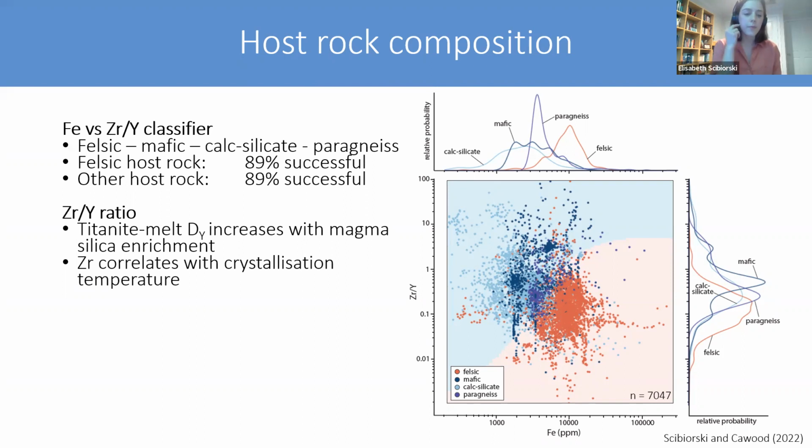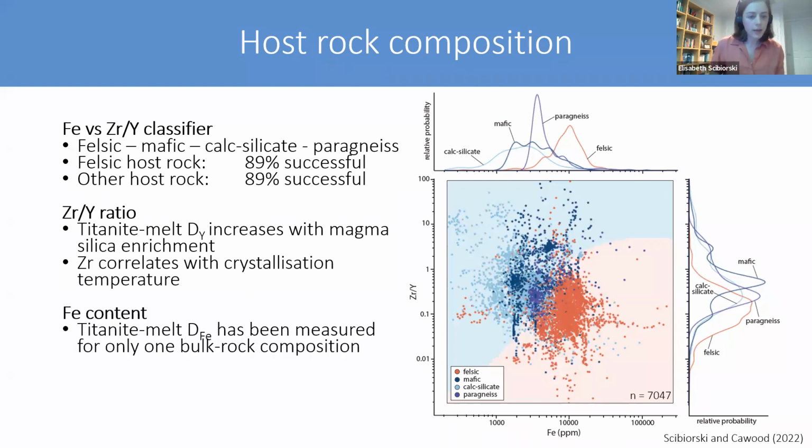And because we know that zirconium also correlates with the crystallization temperature, for a given temperature, an igneous titanite from a felsic rock tends to have a higher yttrium content and a lower zirconium-yttrium ratio than an igneous titanite from a mafic rock. Interestingly, we see the same distribution of zirconium and yttrium ratio for both metamorphic and igneous titanites. So presumably the metamorphic felsic titanites inherit this from the parent bulk rock composition.